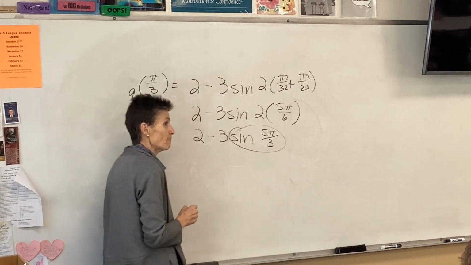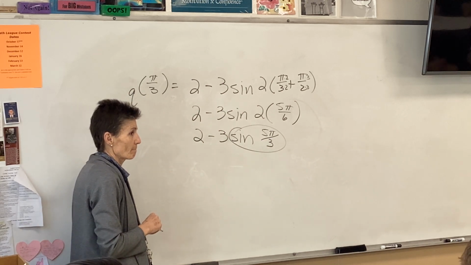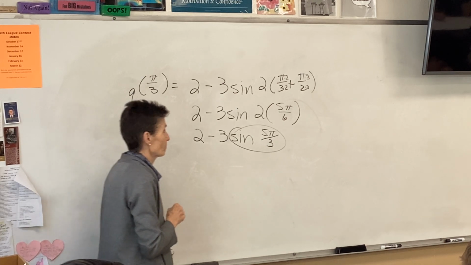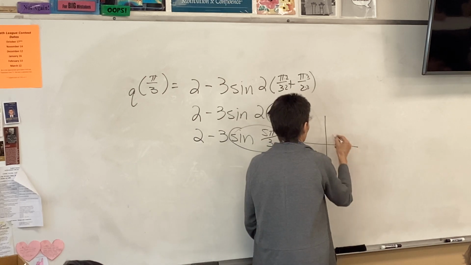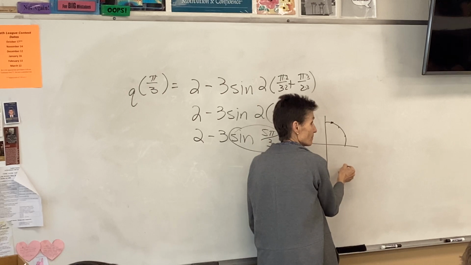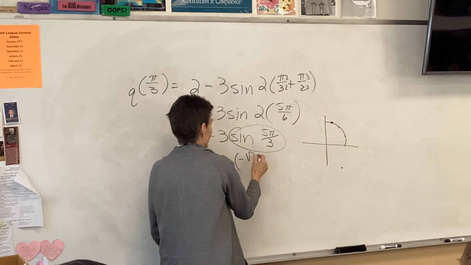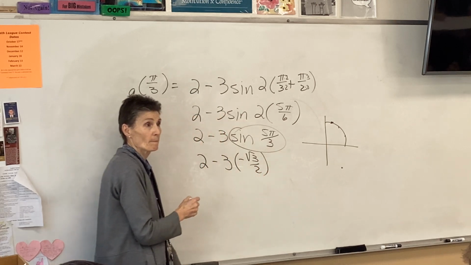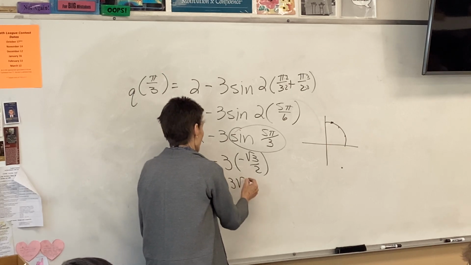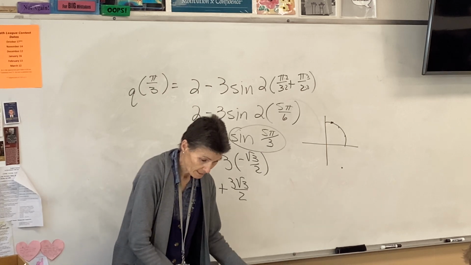What's the sine of 5 pi over 3? It's a pi over 3, but it's down here. So negative root 3 over 2. So 2 plus 3 root 3 over 2 would be as far as we could go without a calculator.